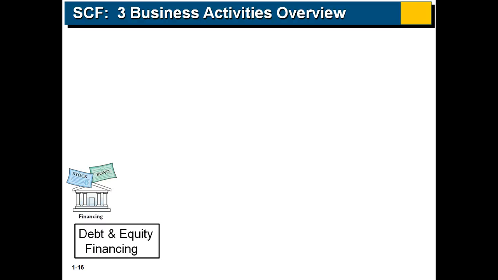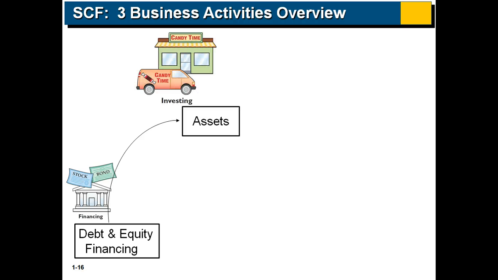First off, if a company is just taking off, or if it wants to expand, it will finance with debt and equity. We can borrow money from the bank, or we can receive cash from the stockholders by issuing stock. Either way, cash is coming in from debt and equity finance. We'll take that cash and invest in the business assets. So we might buy vehicles, we might buy buildings, we might buy land, we might buy equipment. And then we're going to start our operations.